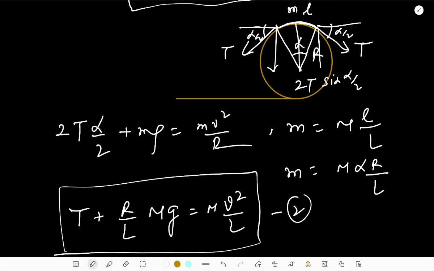आई नाउ कंसिडर दैट let the train be displaced by a small length delta x. The total train is displaced by a small length delta x. And the speed of the train does not change.